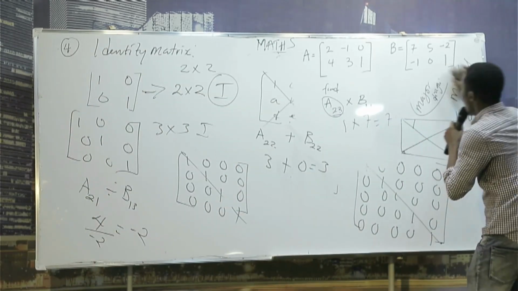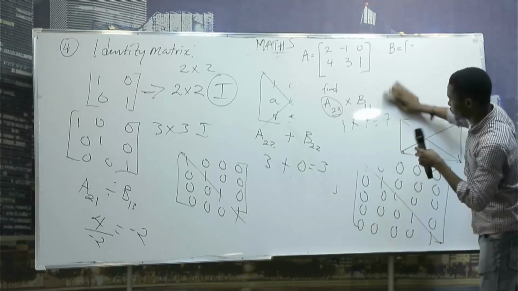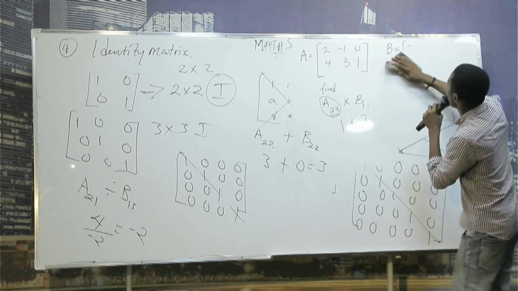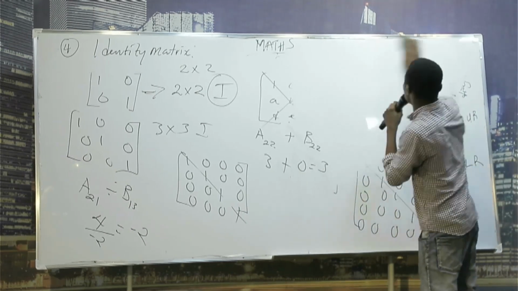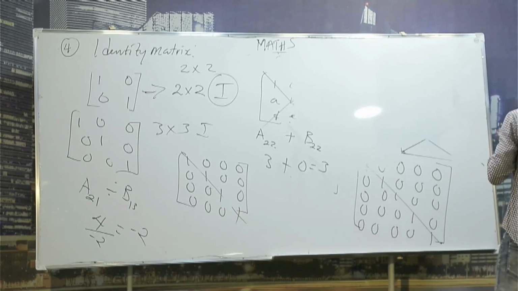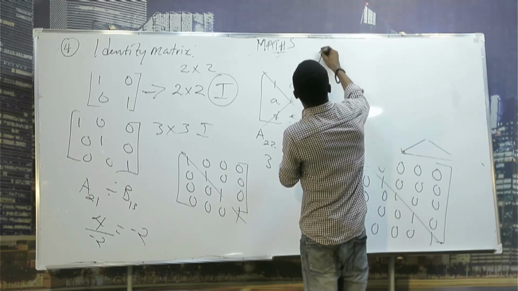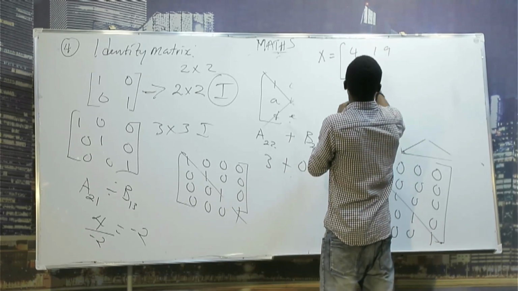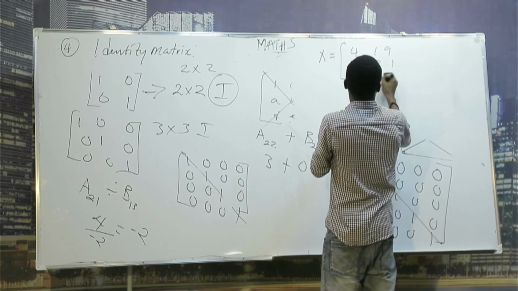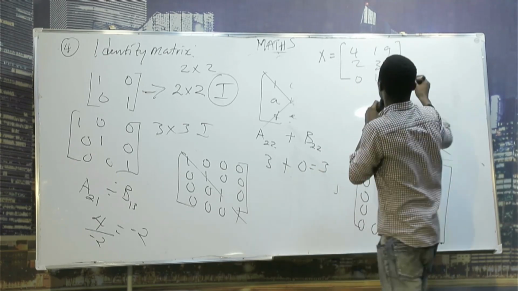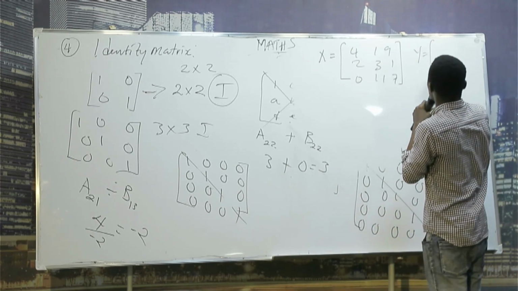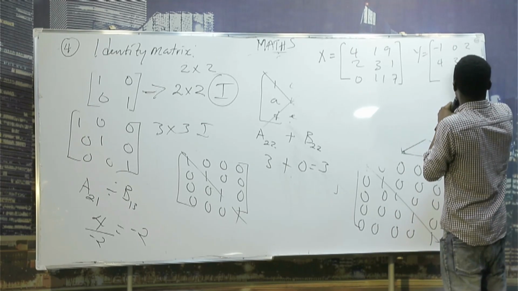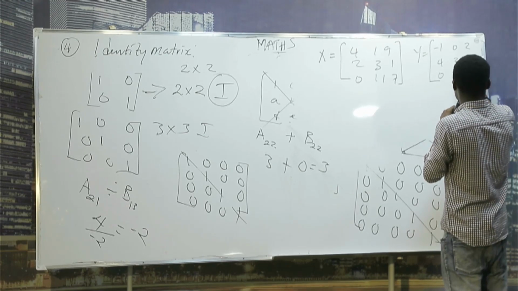Okay, should I give another one? Another one, so that we can proceed. Let's say that X is equal to 4, 1, 9, 2, 3, 1, 0, 1, 1, 7, and Y is equal to minus 1, 0, 2, 4, 3, 1, 0, 2, 7.